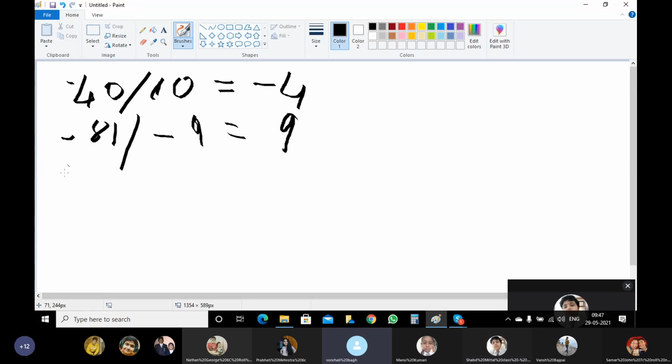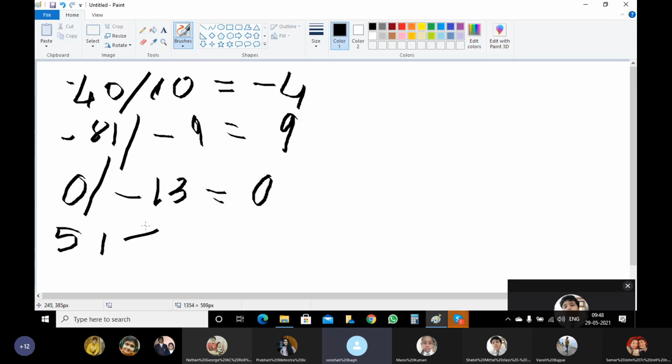Very good. Let's see what you answer for this. 0 divided by minus 13. Ma'am, 0. We are using the property of 0, right? 51 divided by 51.